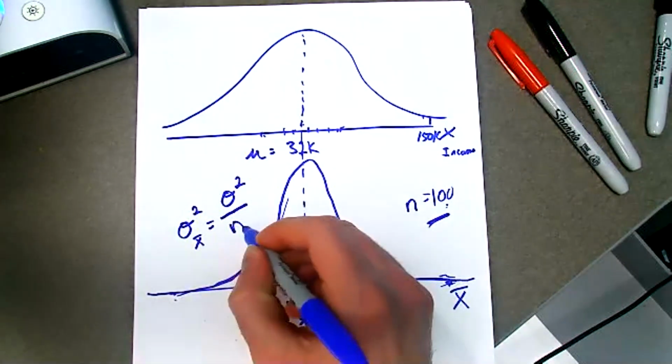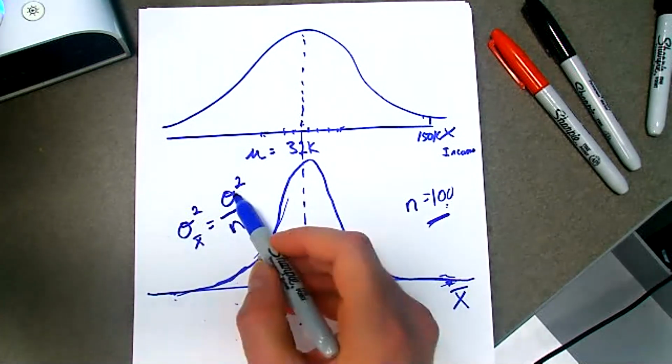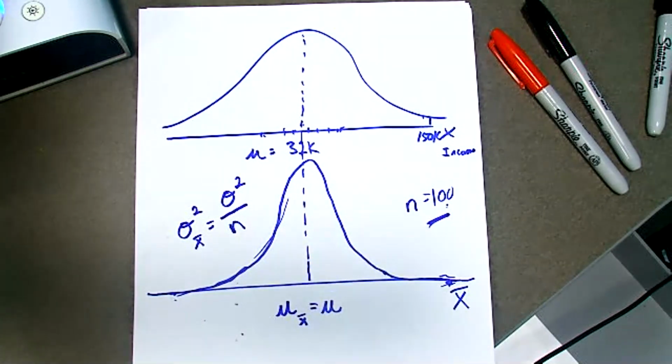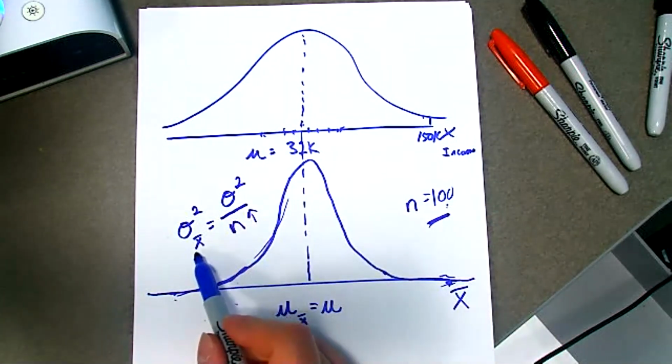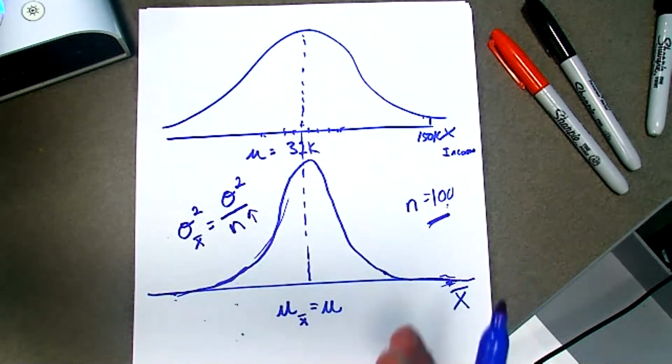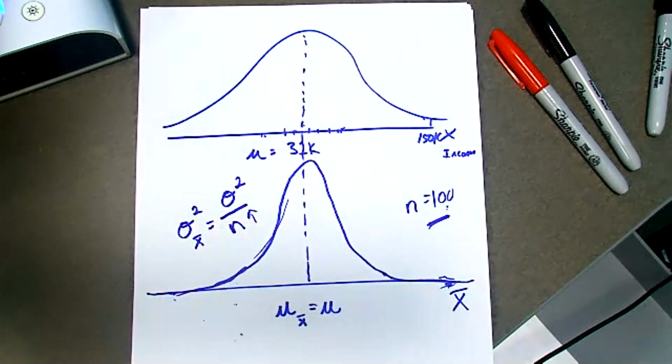So the equation that ends up being true is that our new variance on the sample means will be whatever the original variance was divided by our sample size. So as that sample size gets higher, the variance on our sample means gets lower, and we can kind of guarantee that we're getting more values right around wherever the true population mean is.